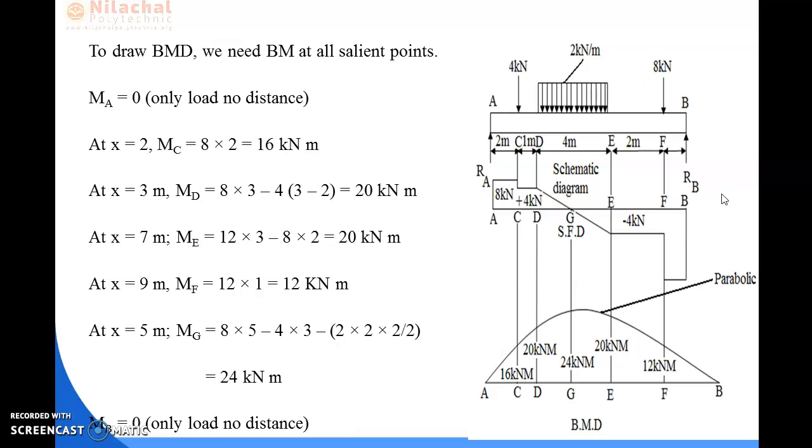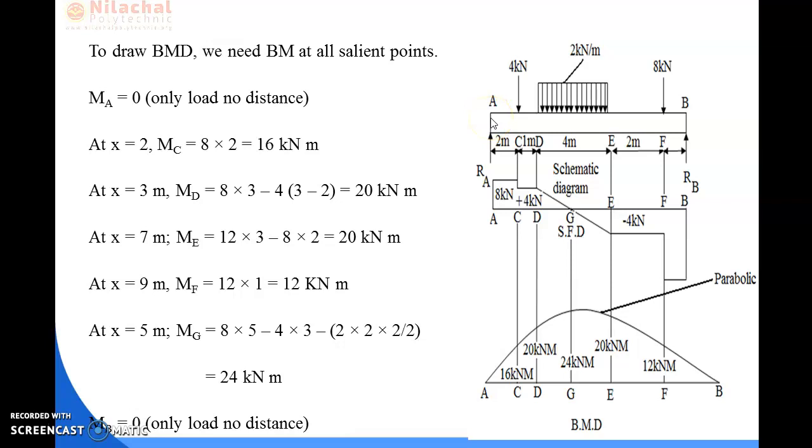As we know that it is a simply supported beam, at the ends of the beam, that means at point A and at point B, the value of bending moment will be 0, because at point A and at point B only forces are there and no distance is there.